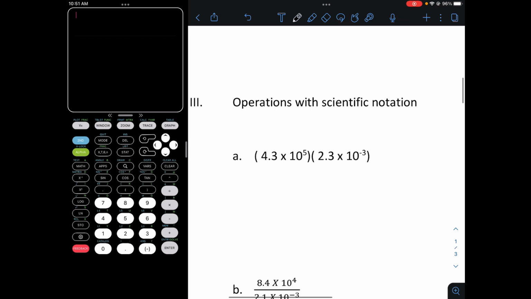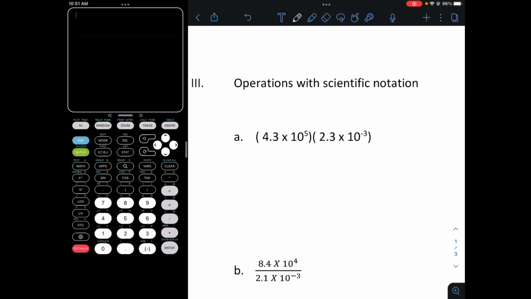Now your calculator can actually do these as well, and that's what's helpful here. You could do these by hand, but I'll just show you the calculator method. Basically, make sure you put parentheses. So we can do 4.5 times 10 to the 5th power, and then multiply that by 2.3 times 10 to the negative 3rd.